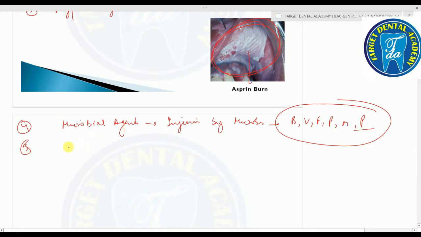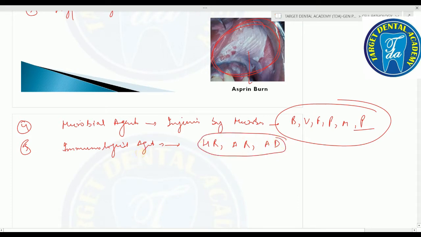Fifth one is the immunological agent. Due to immunological agents, it may be due to hypersensitivity reactions, anaphylactic reactions, or autoimmune diseases. Fine. Last is the last cause. It may be due to nutritional derangements, in which there are nutritional deficiency diseases.